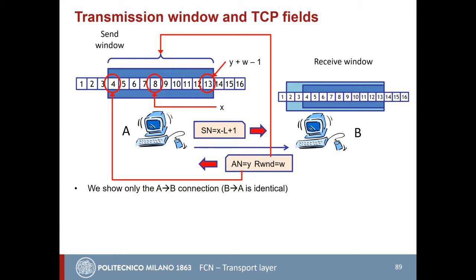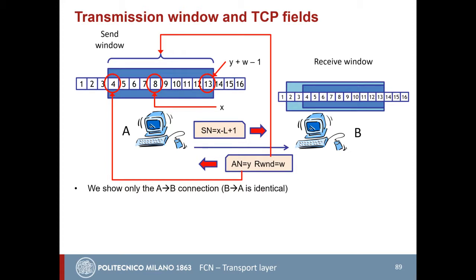So here A is sending data to B, and B is only sending the acknowledgements towards A. We are visualizing the buffer of A as a sender buffer, and the buffer of B as a receive buffer. Obviously, A also contains a receive buffer, and B also contains a send buffer, but they are not displayed here because otherwise it's too complicated.